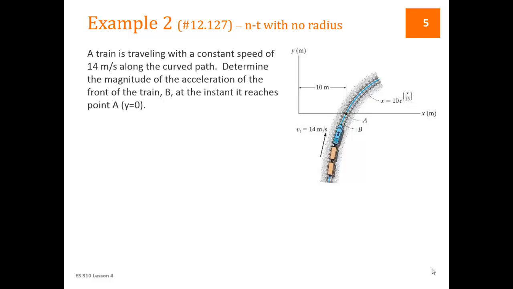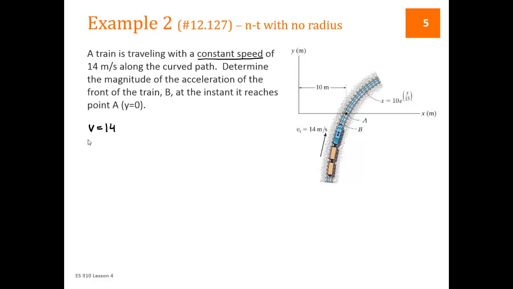So example 2, now we've got a problem where we're given a path and not a radius. Let's take a look at how this is going to work. We have a train traveling at a constant speed of 14. So v, no vector, is 14. It's traveling on a curved path, and we're supposed to determine the magnitude of the acceleration of the front of the train when it reaches y equal to 0.